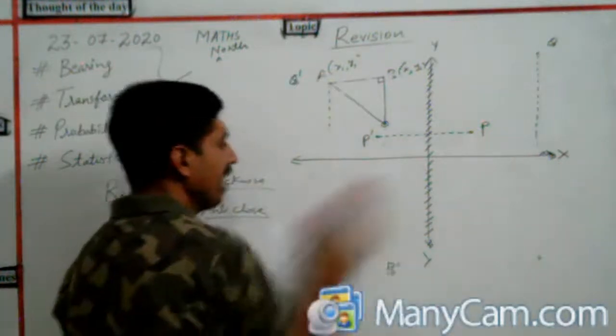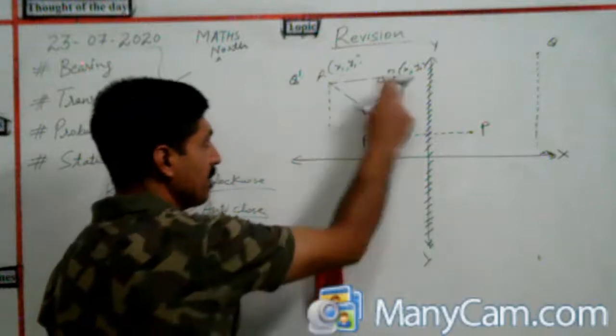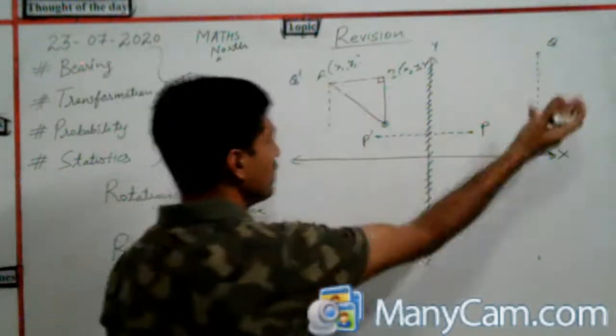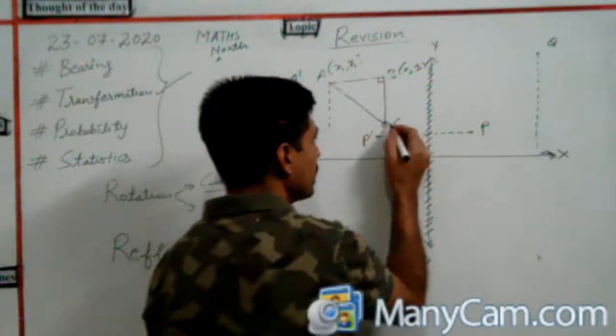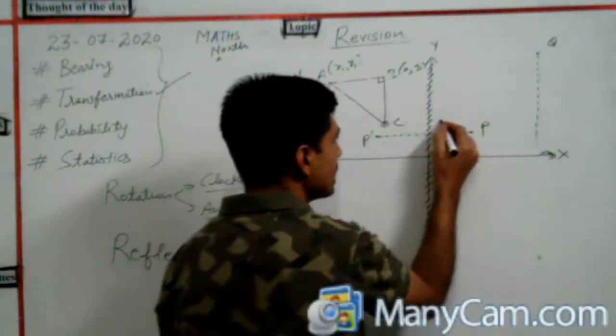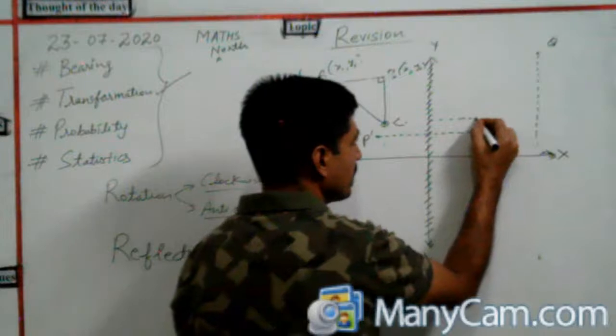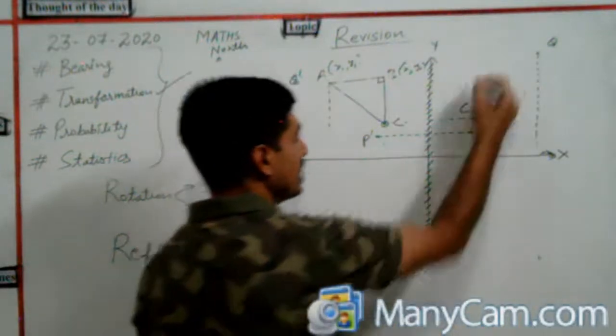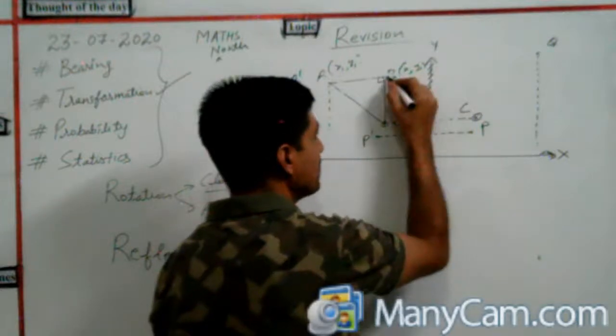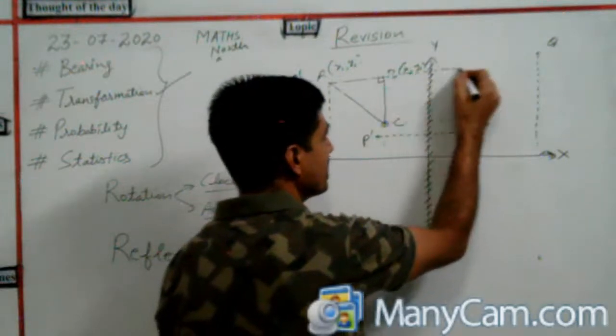And if we have a triangle ABC, its reflection will be here. We have this point C, so same distance. This point will be C, right? This point here, same distance towards that side.